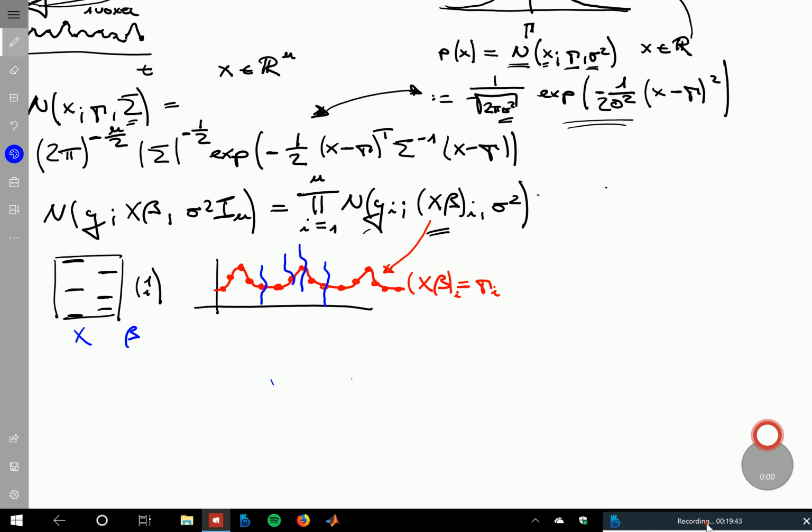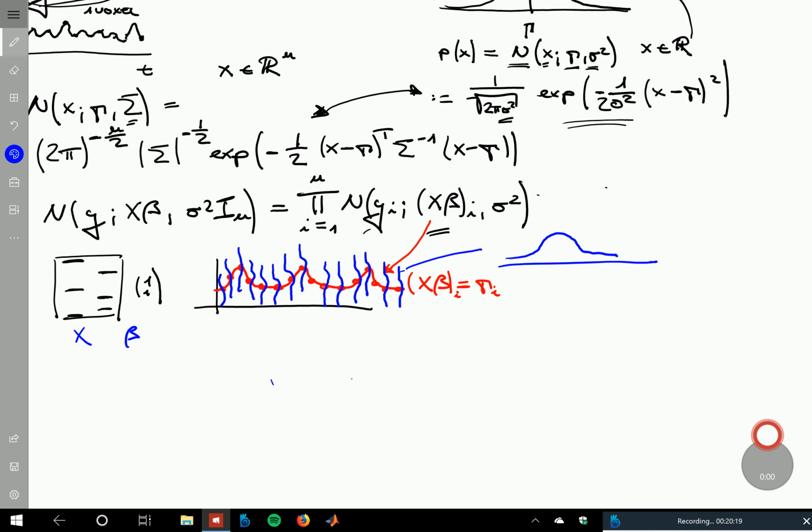For each data point there's a Gaussian, and I'm trying to draw Gaussians here, specified over the expectation. These are all Gaussians, tilted ones. This is supposed to look like this, only shifted by 90 degrees.